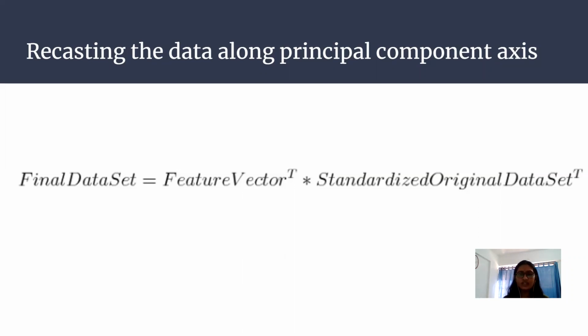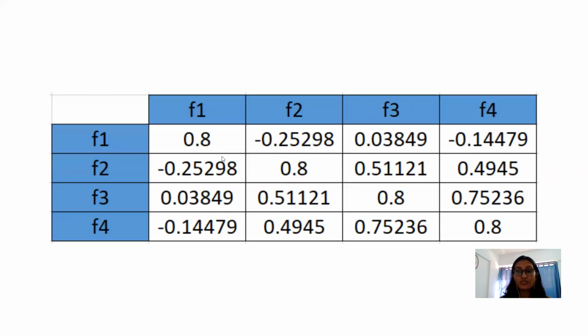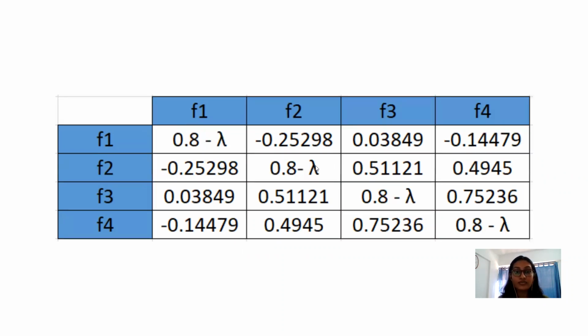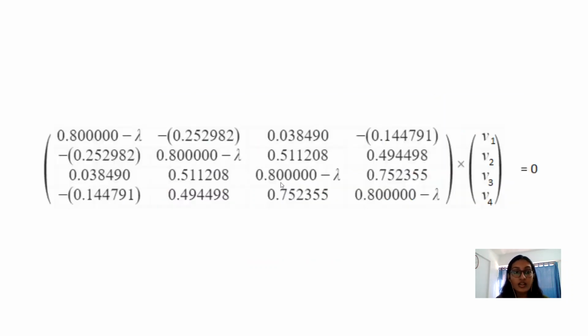So now let us look at the previous implementation and continue with that. In our previous implementation, this was the covariance matrix that we were getting, right? Now we have to apply the eigenvectors here. After applying the eigenvectors and the lambda, this is the matrix that we are getting. If you just observe, we are subtracting it by the lambda.